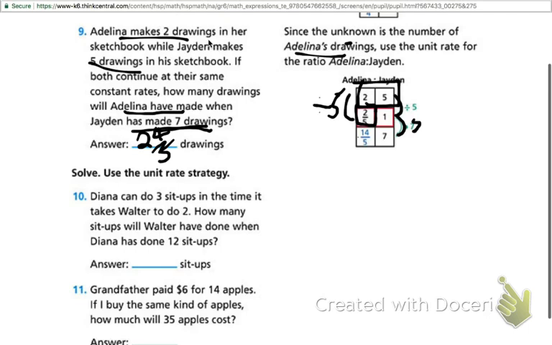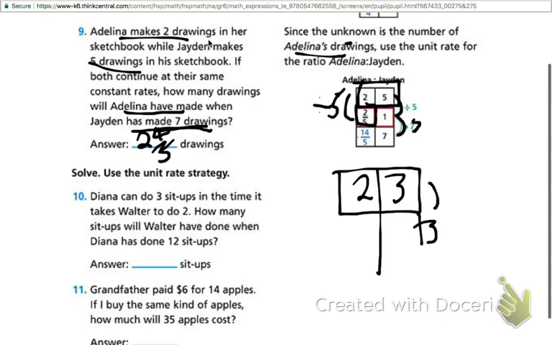Diana can do 3 sit-ups in the time that Walter can do 2. How many sit-ups will Walter have done when Diana has done 12 sit-ups? So we'll use Walter. He's done 2 every time she does 3. So we make this 3 into a 1 by dividing by 3, meaning we divide by 3 here.